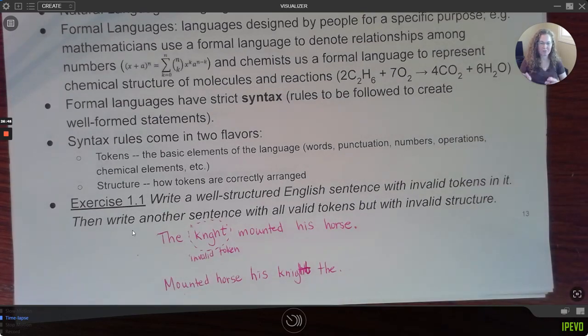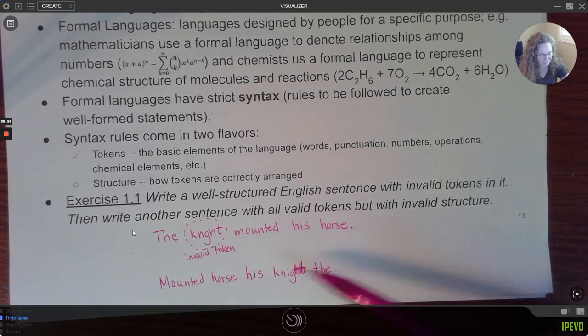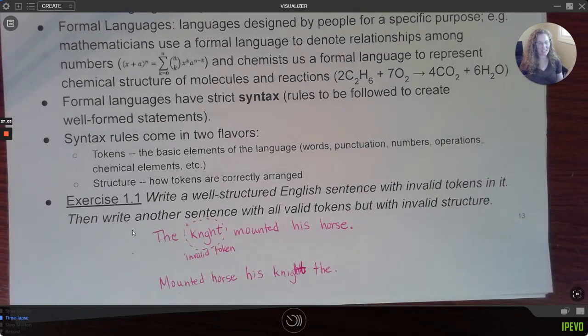I'm supposed to have a subject and then a predicate. Mounted, that's the verb, comes first. And then I've got stuff here, and I can't even tell what this is supposed to be. So I've got legal tokens, but it's not structured well enough to be an understandable English sentence. So that's the difference between tokens and structure. And you have to have both correct tokens and correct structure for the syntax to be correct.